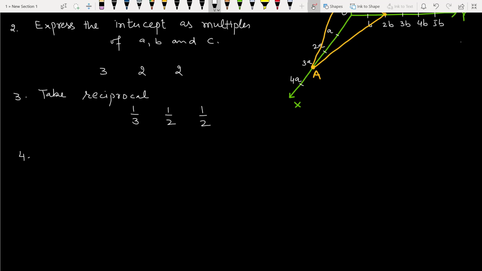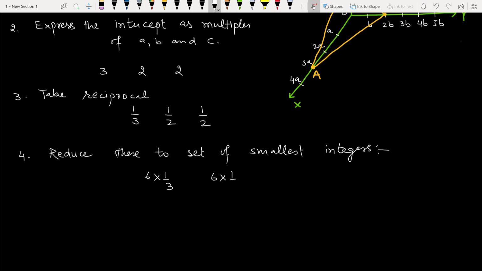Fourth step is reduce these to the set of smallest integers. If we multiply each by 6, they will be reduced to smallest integers. So it will be 2, 3, 3.